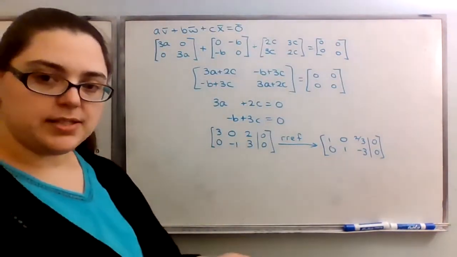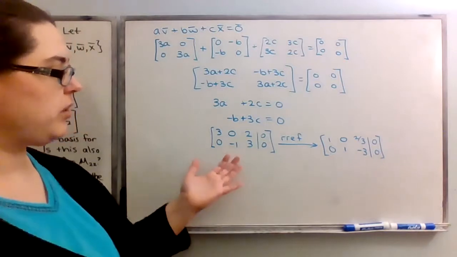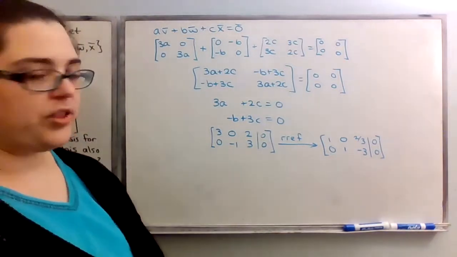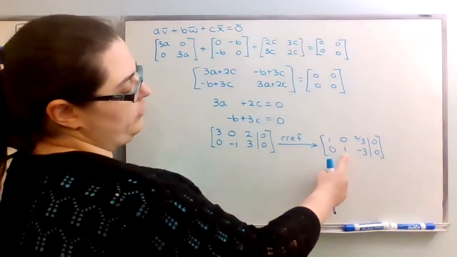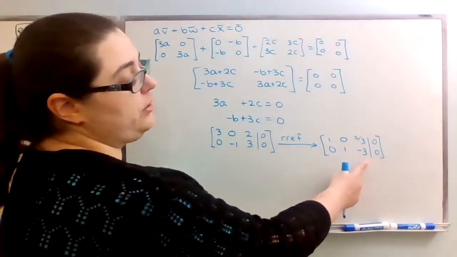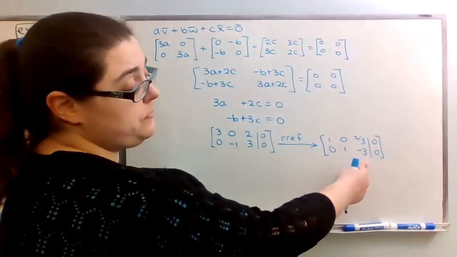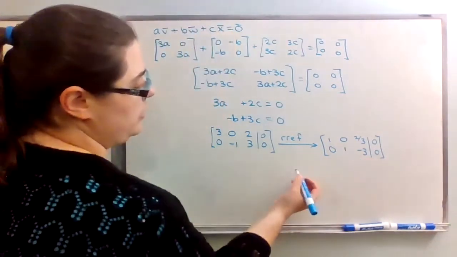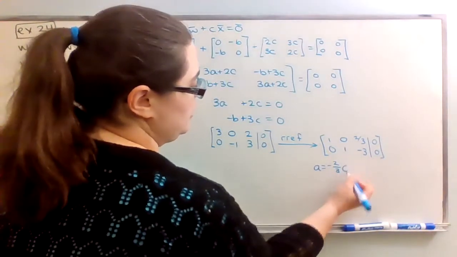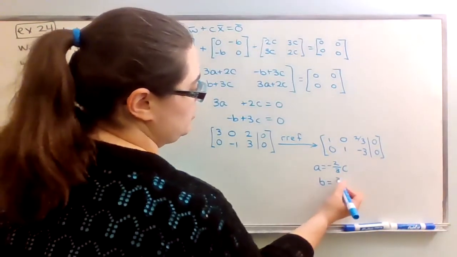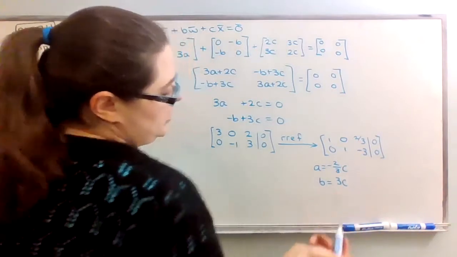So what this means in context of our problem is that we're going to end up with a parameter because we have a pivot position for A, we have a pivot position for B, but we don't have a pivot position for C. So this means we're going to have A equals negative 2/3 C, and B is equal to 3C, and C is C.